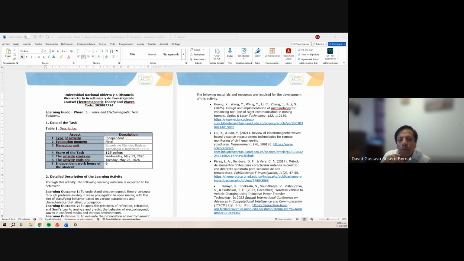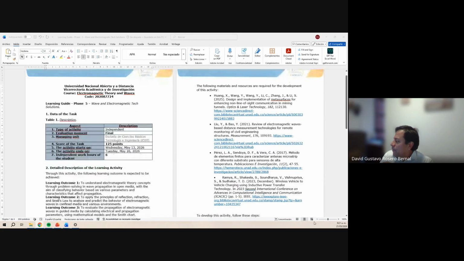And third, I will explain the Evaluation Rubric, which tells you how your work will be graded and where you should focus your effort.